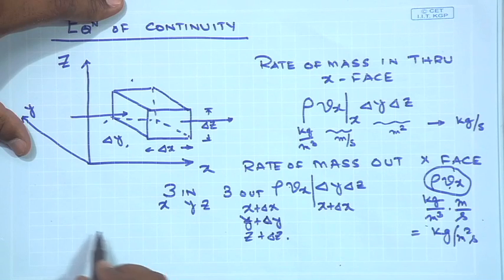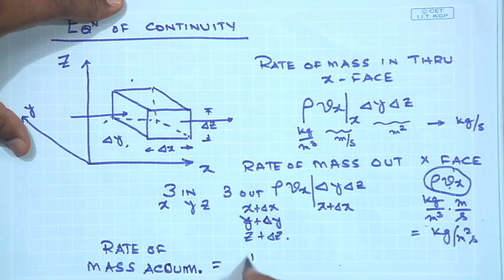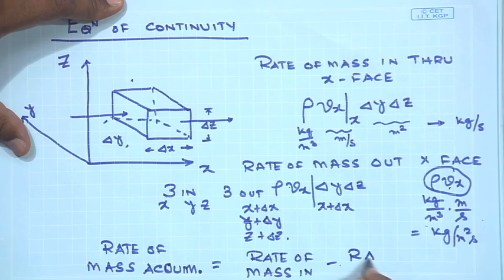accumulation inside the system. So, your governing equation is: rate of mass accumulation must be equal to rate of mass in minus rate of mass out.